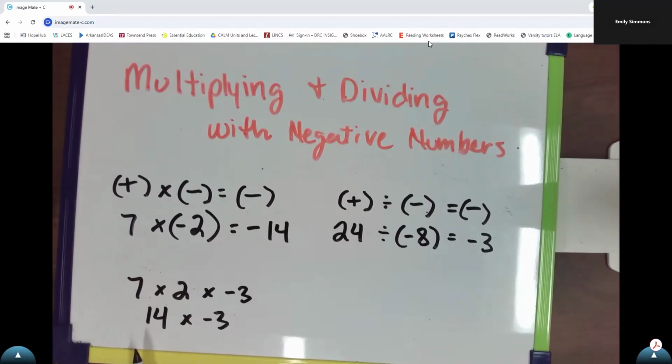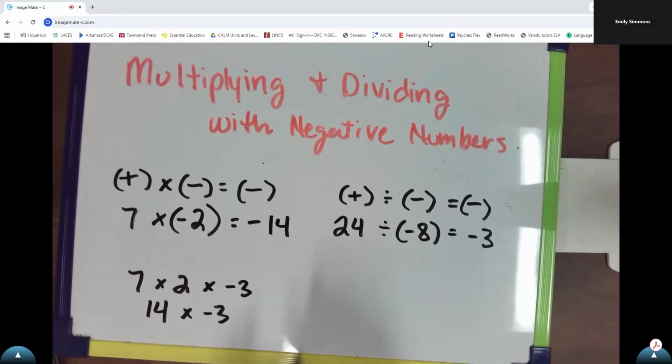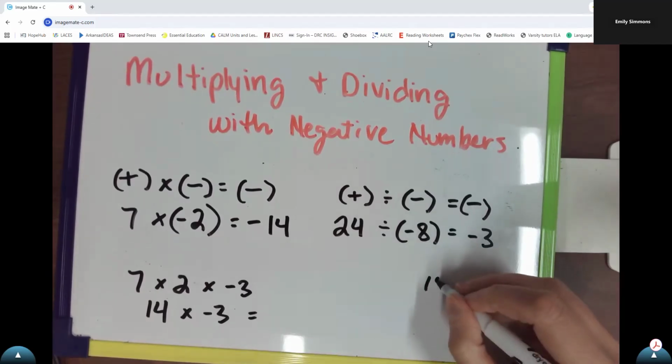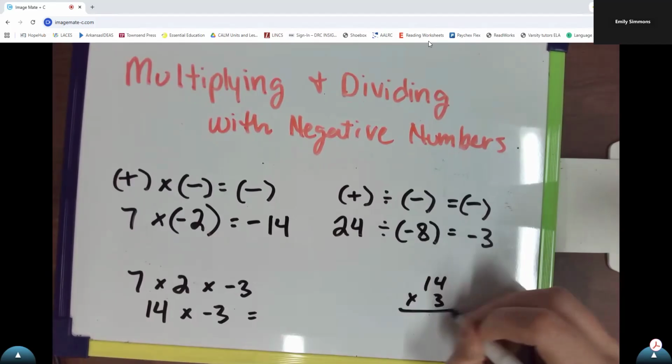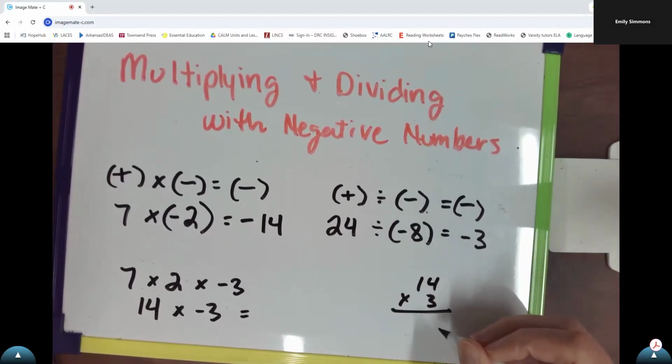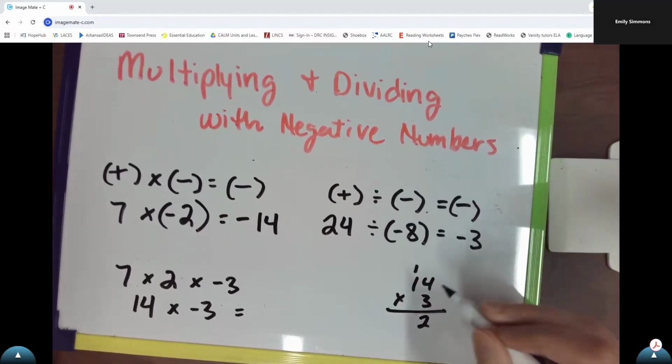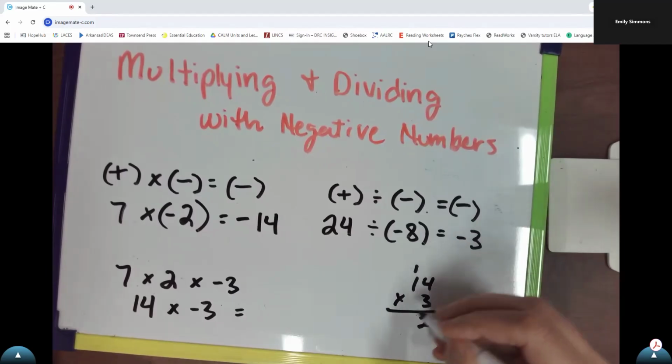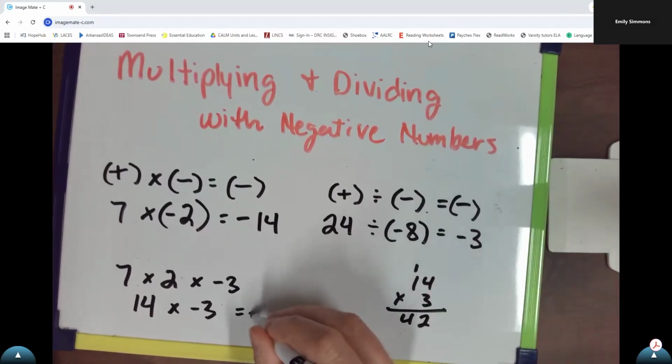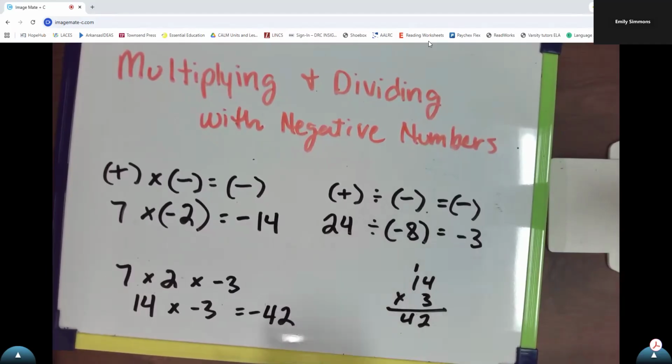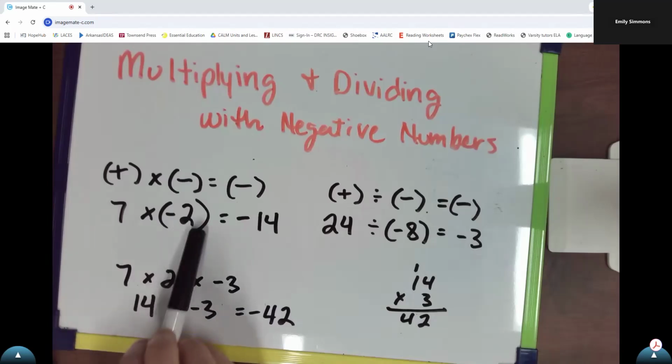Now we would do the 14 times our negative to get a negative answer. And 14 times 3 is negative 42. So it doesn't matter how many we have, we follow this pairs pattern until we get to our last two numbers.